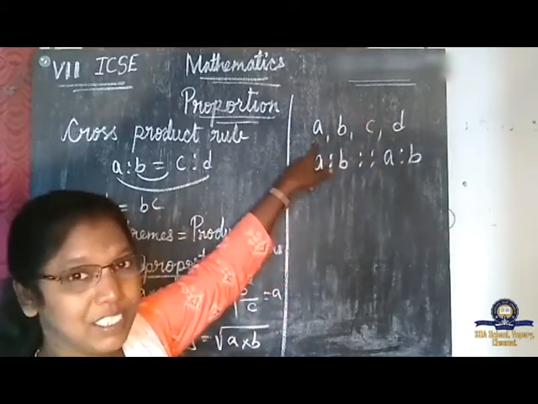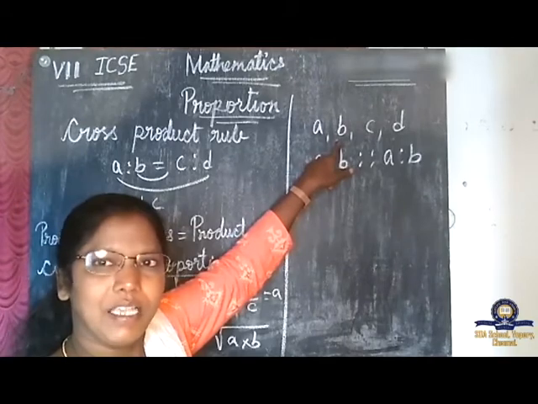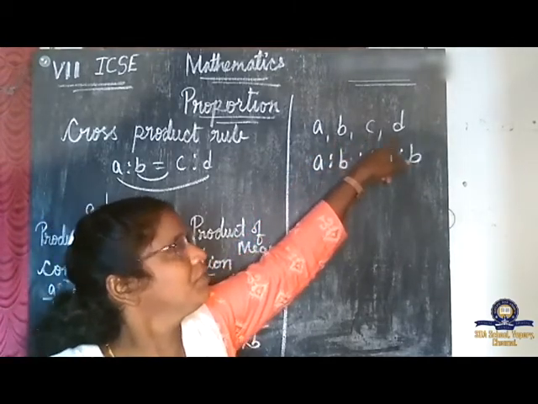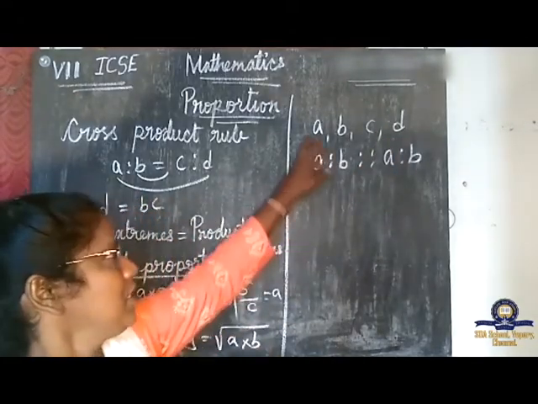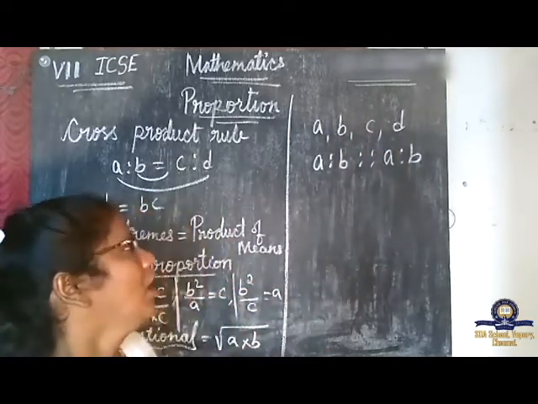A is called the first term or first quantity. B is called the second term or second quantity. Then the third quantity or third term, and the fourth quantity or fourth term. First, second, third, fourth: A, B, C, D. How to write this?